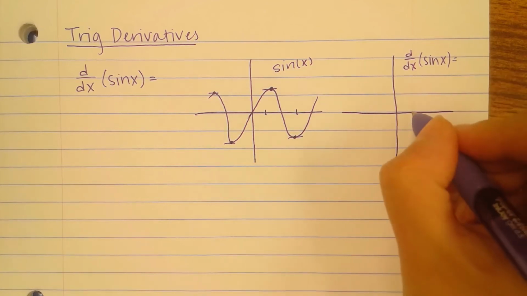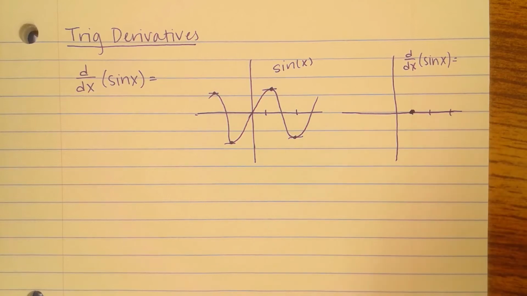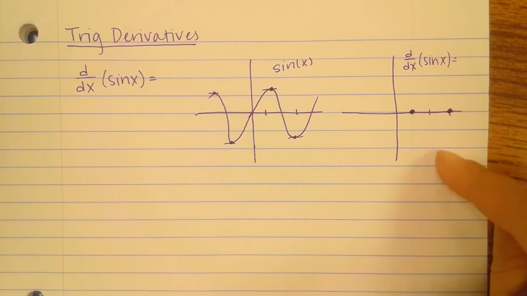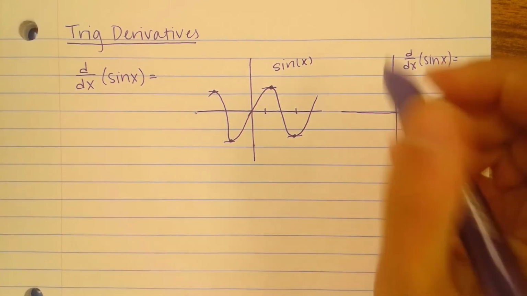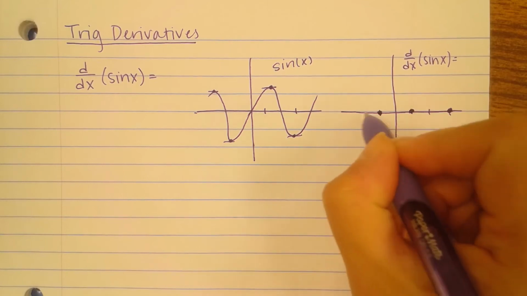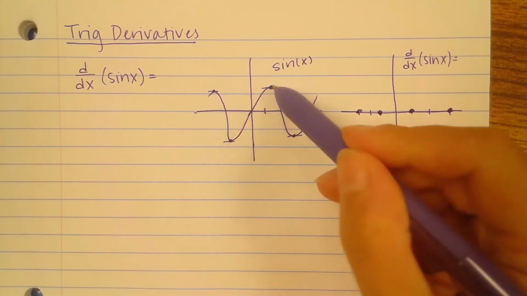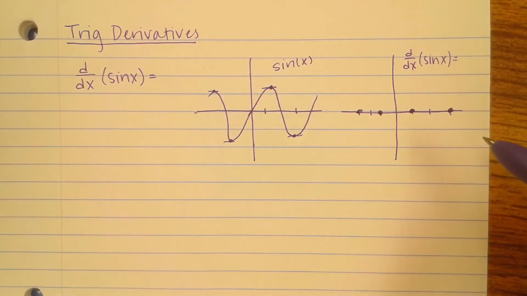So at these places I can plot those points at 0. This is telling me what my derivative is based on what my function actually looks like. Likewise, at negative pi over 2, I can plot a point at 0. So what I'm seeing is that my maxes and mins on my original graph appear as zeros or roots on my derivative graph.